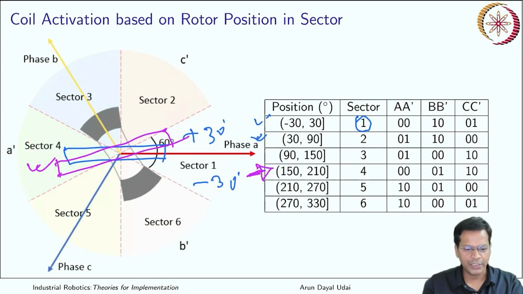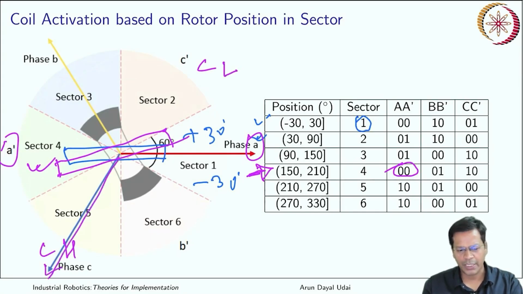If you are already here, that means A bar and A should go to 0. This is 0. And which one should be high? It should be C and C bar. So that means C should be high, C bar should be low. So you create a field which is something like this, and you have to make this one high as well.